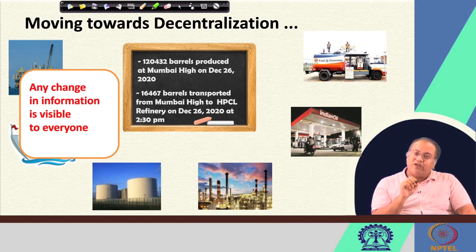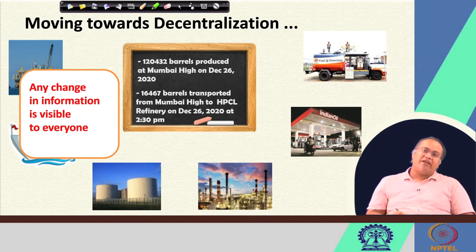Well, so the third property that I need on this particular blackboard is that any change in information should be visible to everyone. So that means it might happen that you have written something by mistake. Well, it can always happen. I am talking about different organizations where human beings are working, and mistakes can happen with any human. So, you can write something by mistake. Now, even if you have written something by mistake and you want to change it, you are not allowed to erase it.